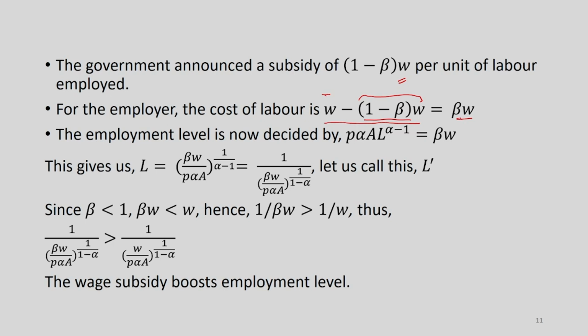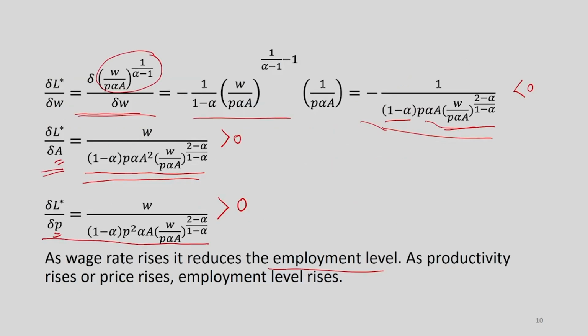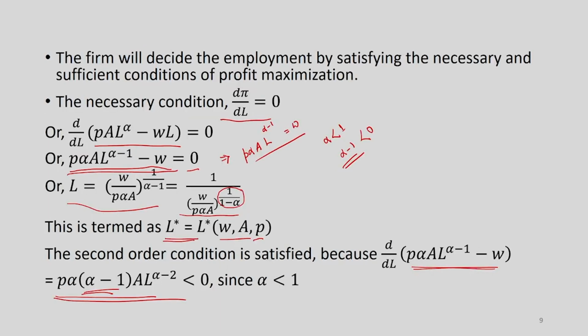Now, this is the wage that is actually paid by the producer, and as we have seen earlier, the optimal employment level is decided by this rule, the first order condition. This was the condition. On the left hand side you have price multiplied by the marginal product, and on the right hand side the wage that is paid by the producer.